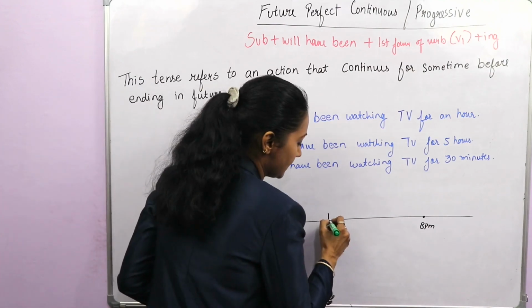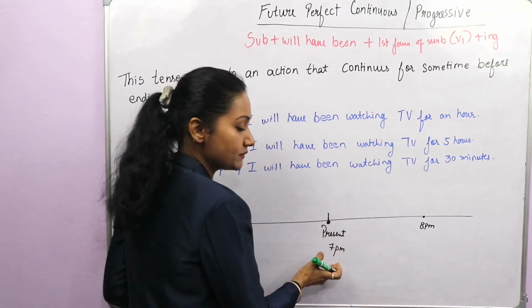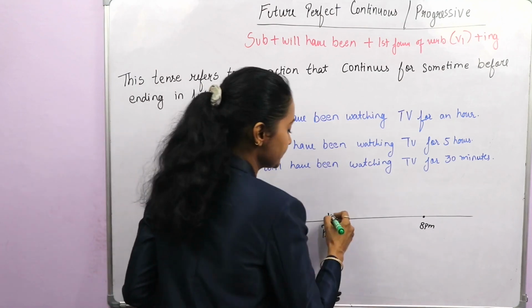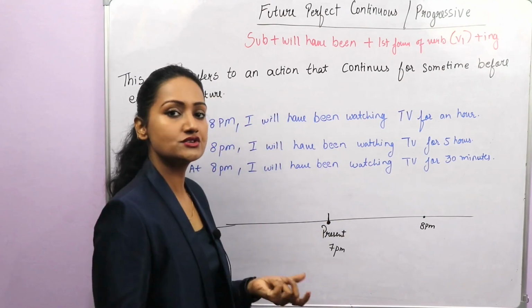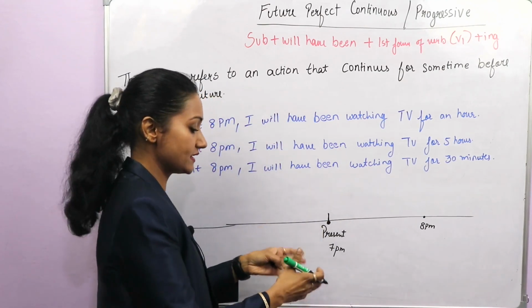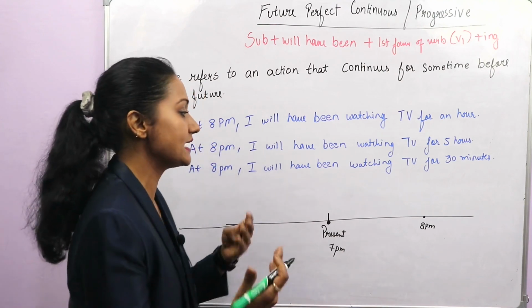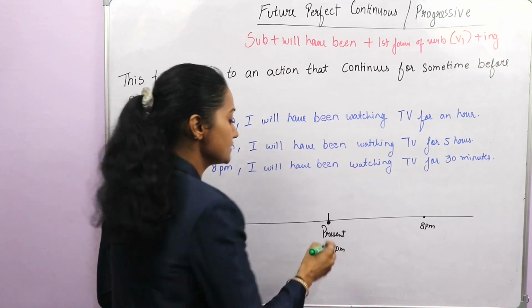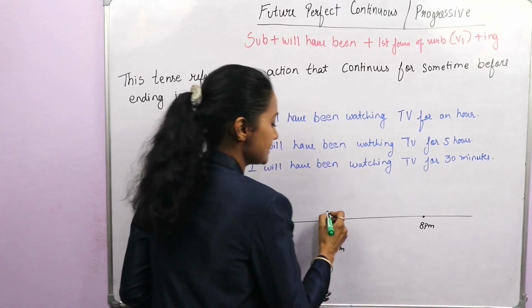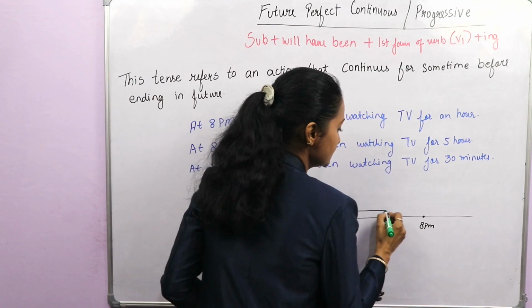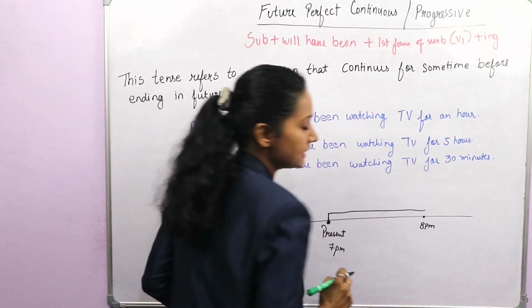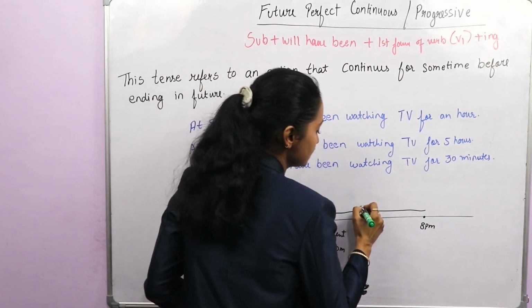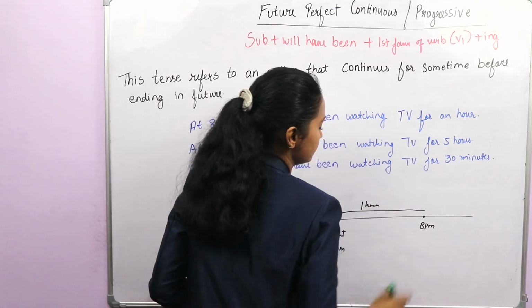So I start an action at 7 p.m. From 7 to 8 there is a duration of 1 hour. So an action starts in present and it continues till a specific time in future. So this is a 1 hour duration.